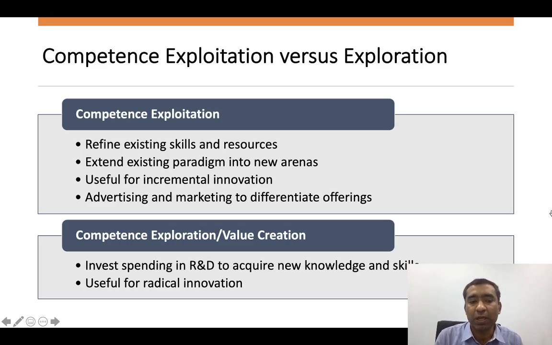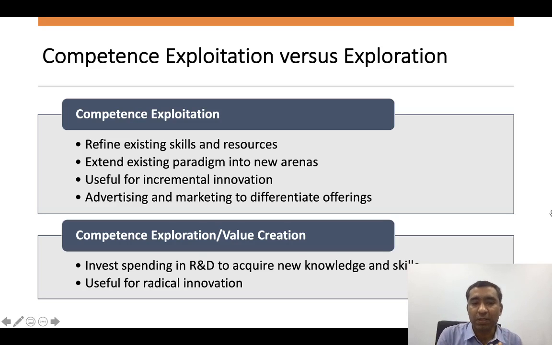Or you can use advertising and marketing to differentiate offerings. Please understand clearly that exploitation means how you can exploit the market. For that reason, you have to refine your skill. You have to introduce your product into a new market, using similar knowledge in the new market or services.